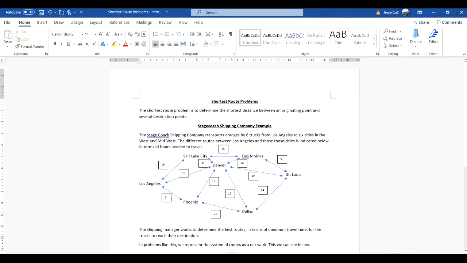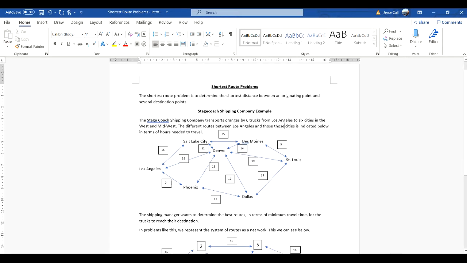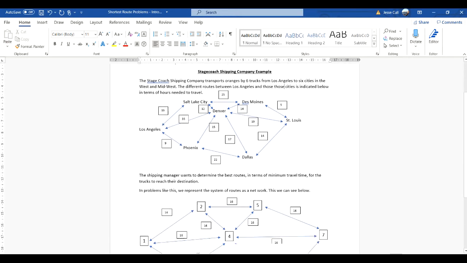So what we're doing in this section is looking at the different possible routes, the fastest way to each of these different destinations from Los Angeles, because the shipping manager wants to determine the best routes in terms of minimal travel time for the trucks to reach their destination. In problems like this, we represent the system of routes as a network.